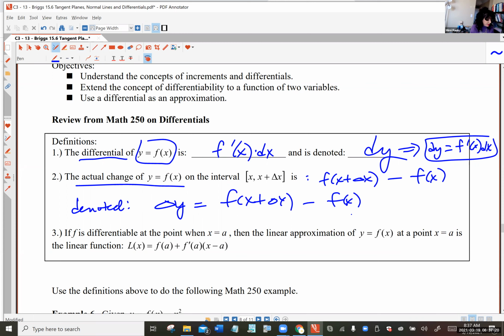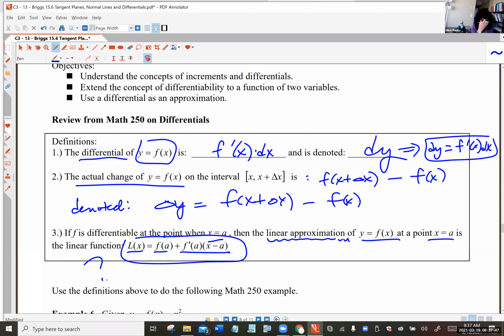Now, if the function is differentiable at this point, say x equals a, then they call this the linear approximation of y equals f of x at that point x equals a. L of x, L stands for linear, is equal to f of a plus f prime of a multiplied by the quantity x minus a. Now, where the heck did this come from?